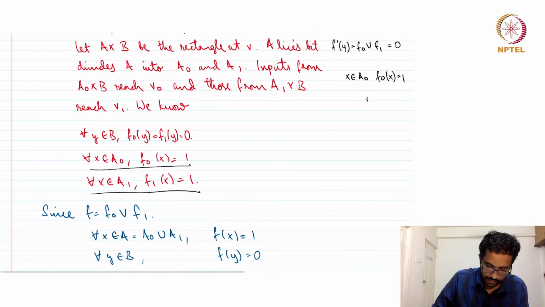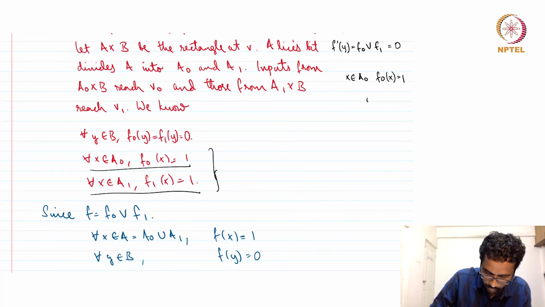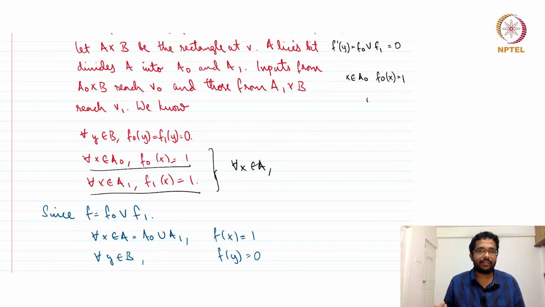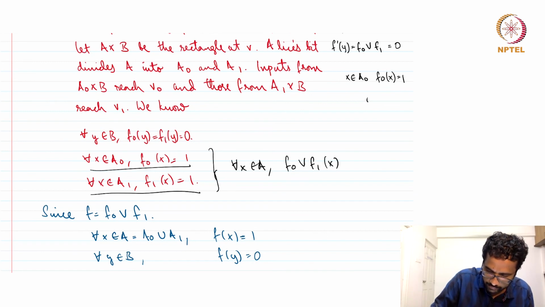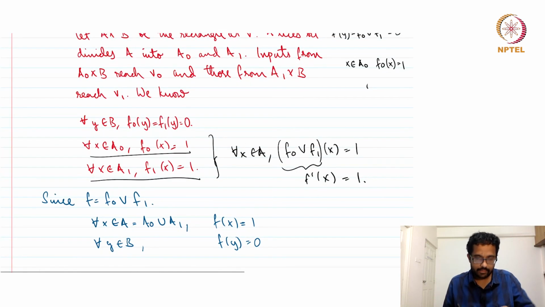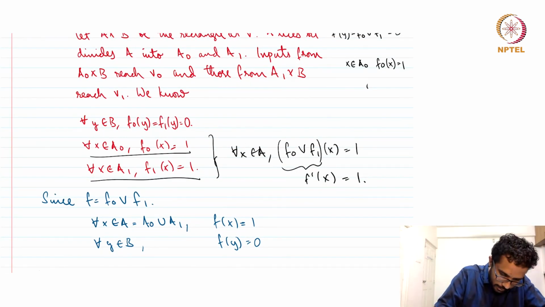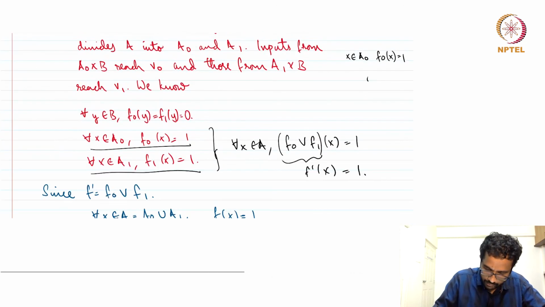So this means that for all X in A, so X in A means X is in A0 or A1, F0 or F1 of X is equal to 1, but this is nothing but F prime of X. So F prime of X also satisfies, I messed up here, F prime is equal to F0 or F1.